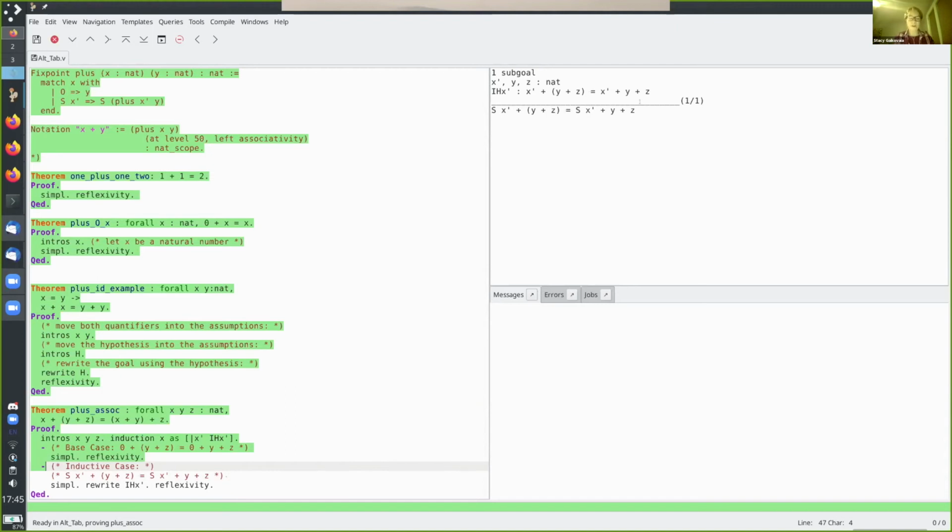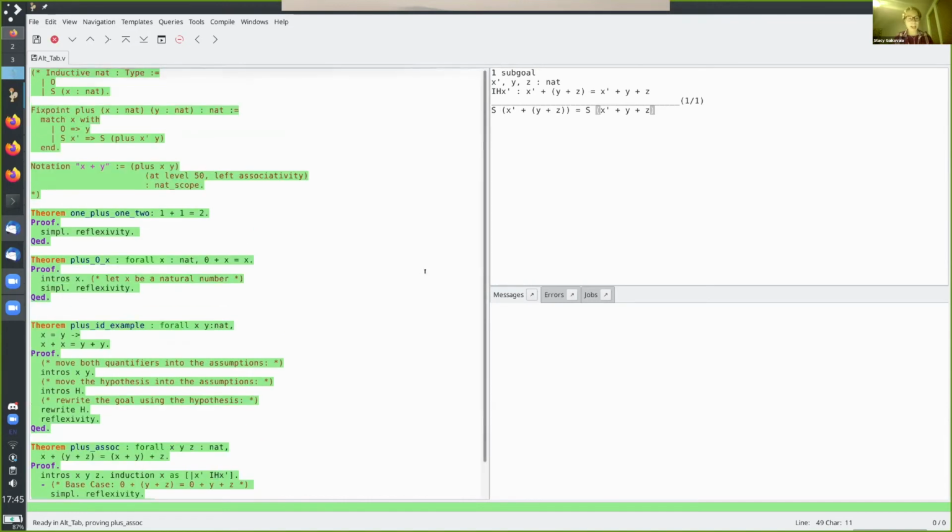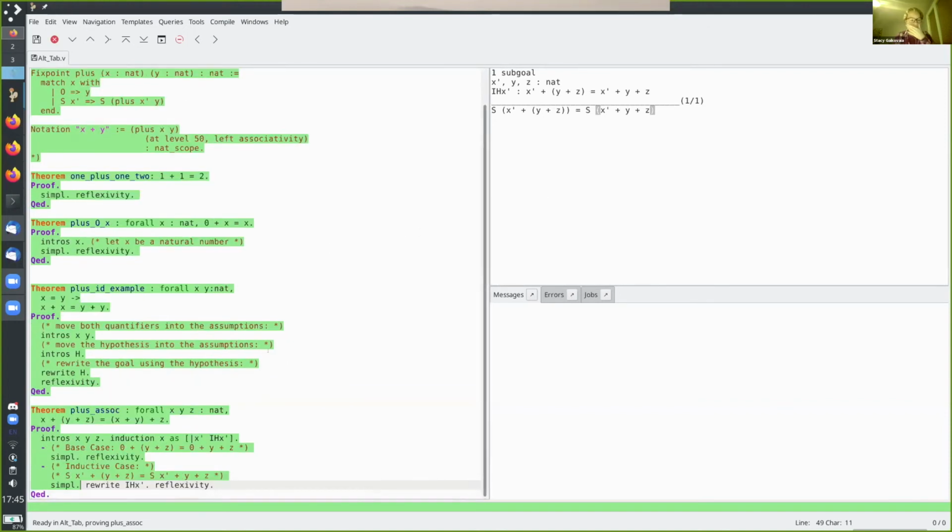First thing I always do is call simpl, which attempts to apply definitions. I've called simpl, and what has it done? It has taken the S term and moved it outside of the rest of the addition terms. And again, it did that because it's applied the definition of plus for one layer. What can we do now?